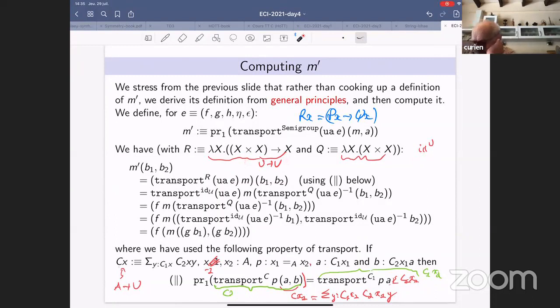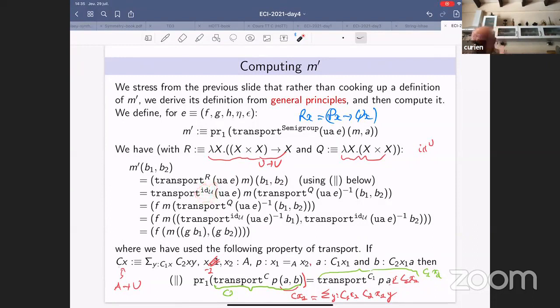So if I apply this formula, then I get to this line. Okay, so transporting this B1, B2 consists in first transporting it relative to Q, and then applying M, and then transporting relative to the family id_U.